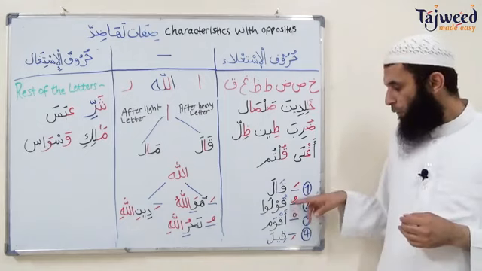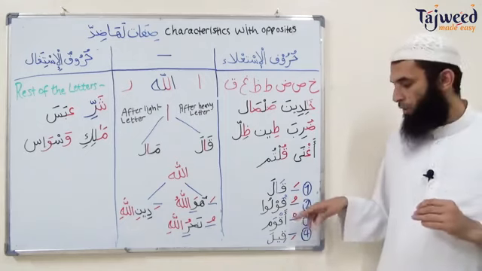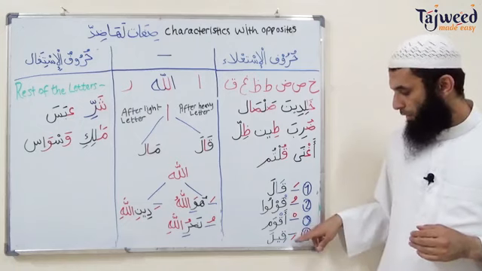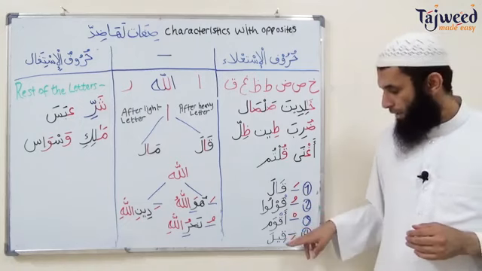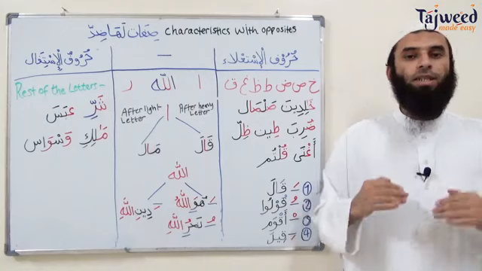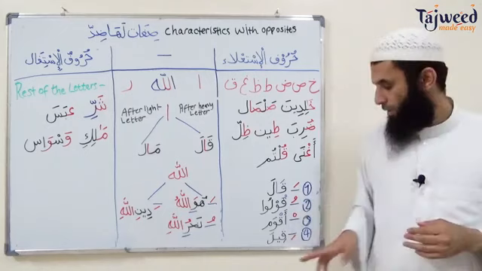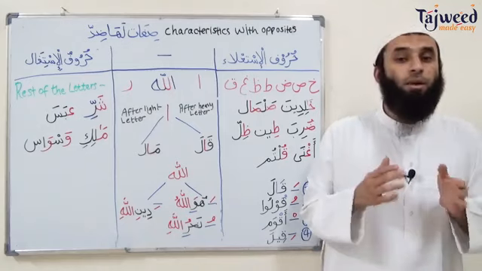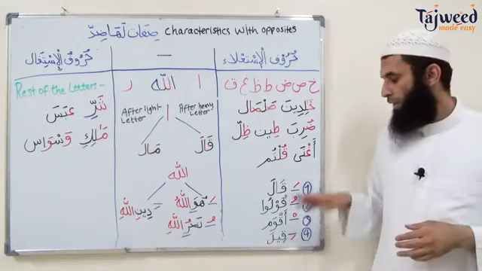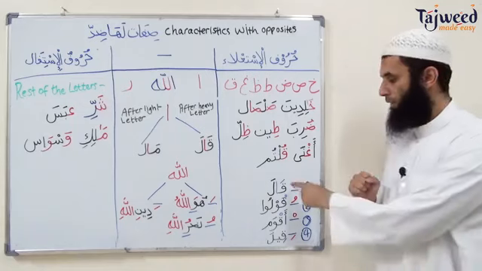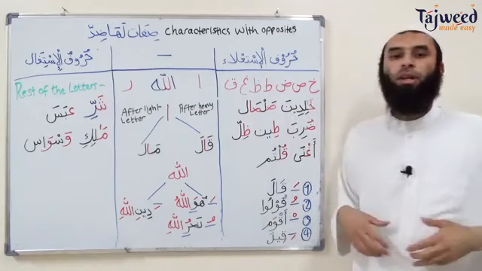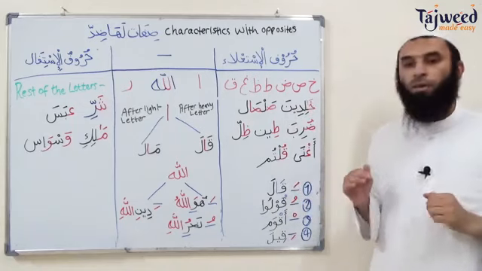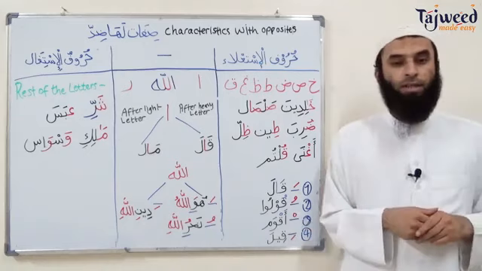Qulu will be stronger than aqwam. Whenever the 7 letters have a kasra, this will be the least strong. So this will be qila. It's still considered a heavy letter, but it is the lowest form of the heavy letters. So whenever we have a fatha on any of these letters, they will be pronounced in the heaviest manner. Then below that is a dhamma, then a sukoon, then a kasra.